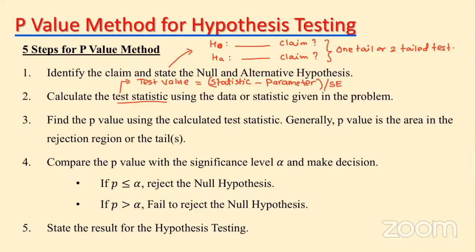We already know how to find that standard error from the previous chapter. So to find the test statistic, we use the formula: statistic minus parameter, over the standard error.